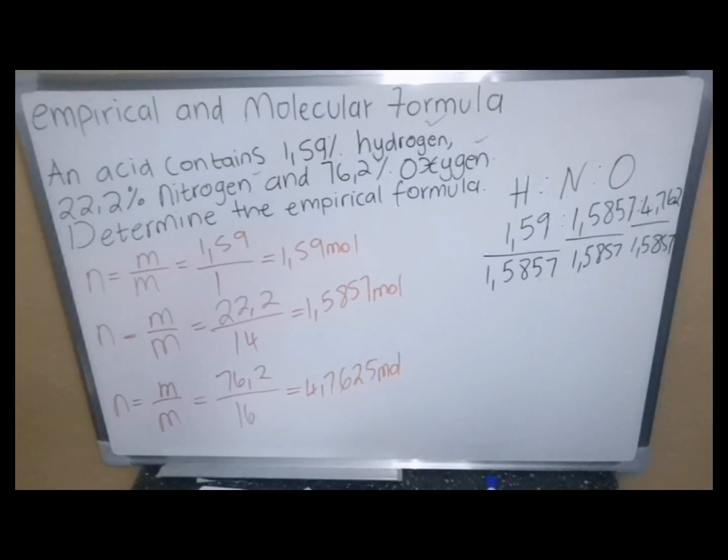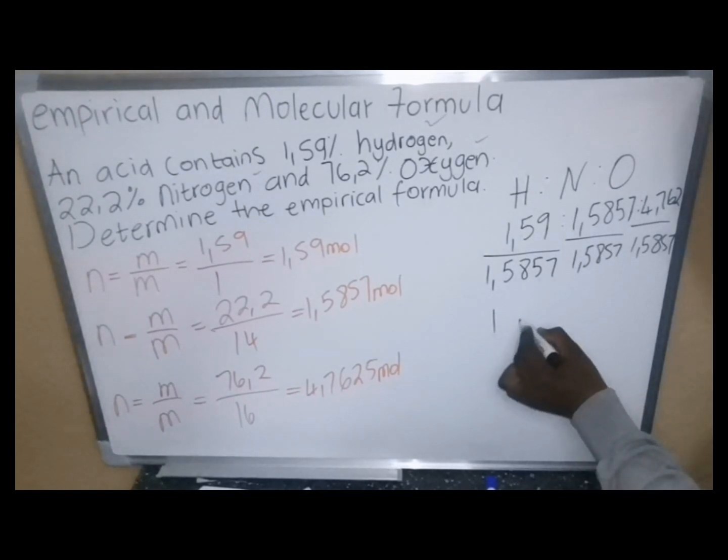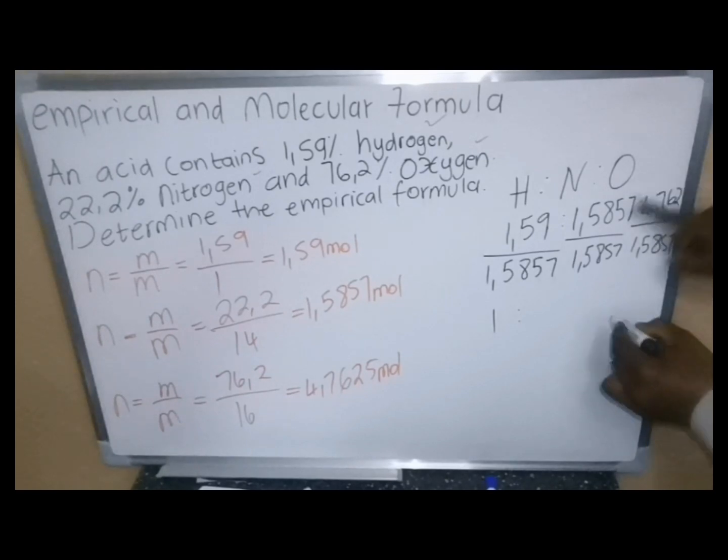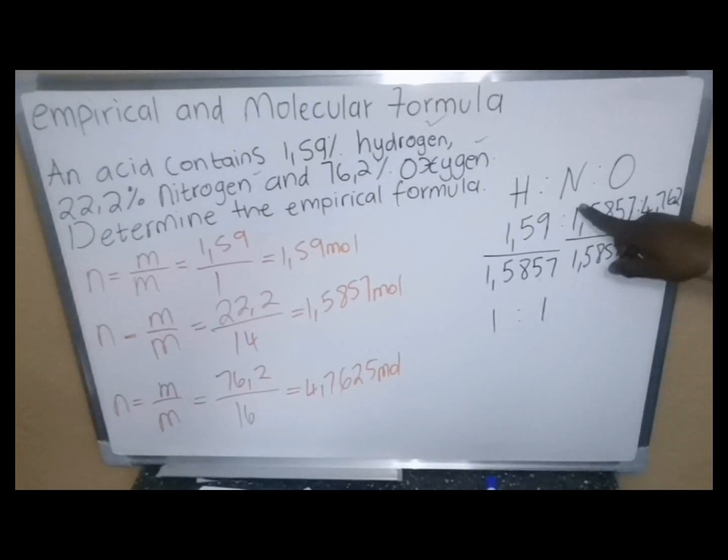Then the answer there, I just find 1,00, that means it's 1 there. The second one, 1,5857 divided by 1,5857, they're the same, so it's 1 there.